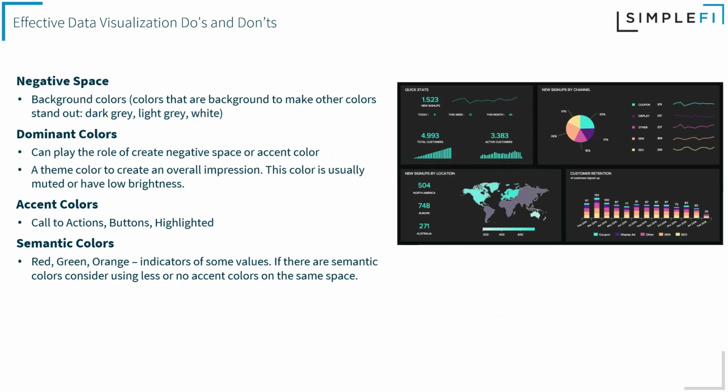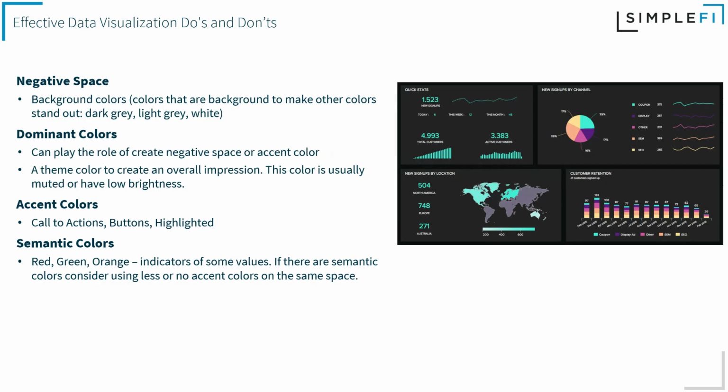But what you notice is we have certain colors that are our dominant colors. We made a decision, and I'm sure each of you has some company colors. We made a decision to go with mainly a teal color for the numbers and for the charts, with a black background and some space between each of these areas.